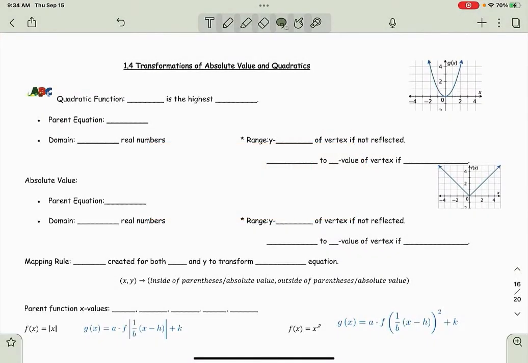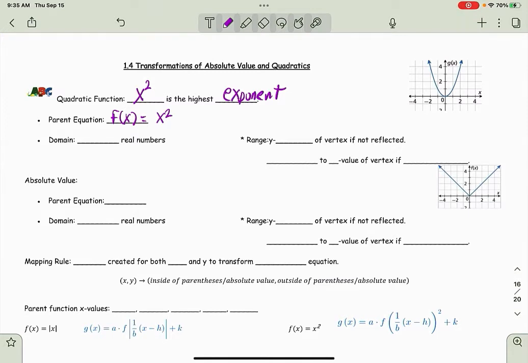So for lesson 1.4, we're going to go into more detail on transformations of absolute value and quadratics. As you may recall, a quadratic function is a function where the highest exponent in the function is x squared. The parent function, or the parent equation, is f of x equals x squared.